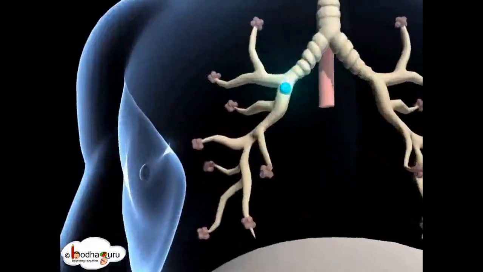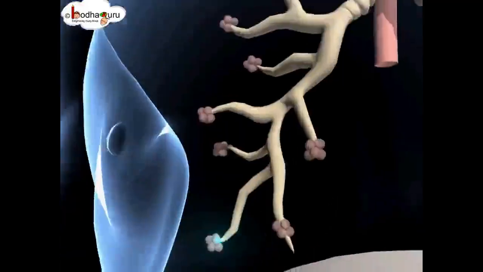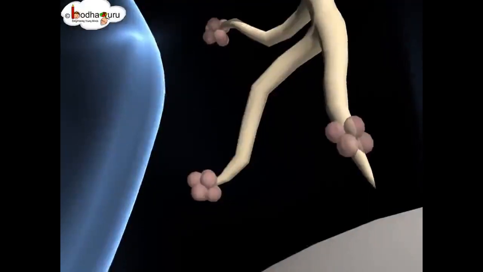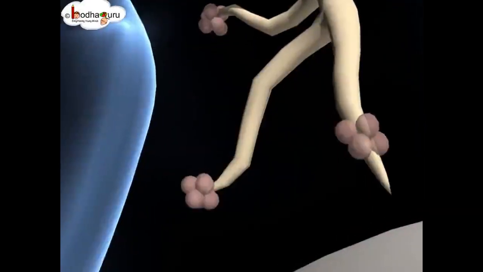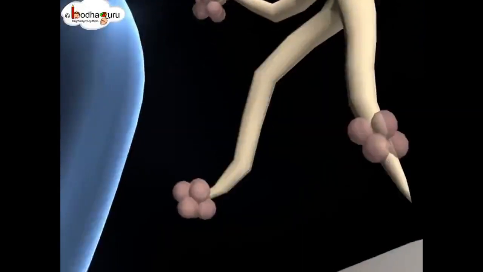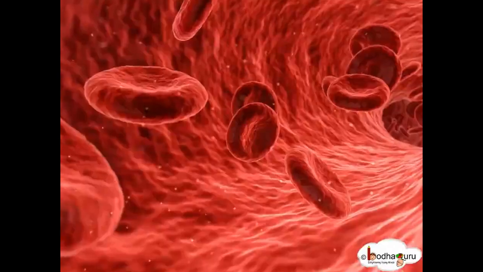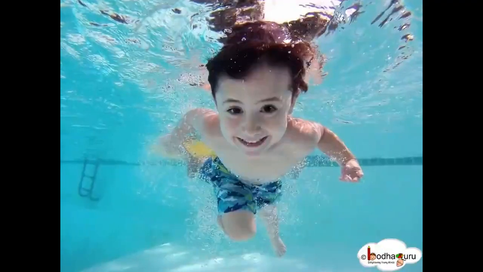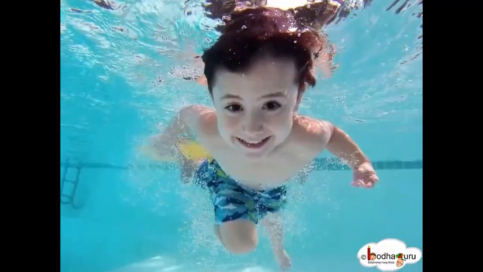Small air sacs or alveoli receive the air, and oxygen from air diffuses into blood through thin wall of blood capillaries during the diffusion process. Blood cannot exchange gases absorbed in water in this arrangement. Hence, we can't breathe in water.